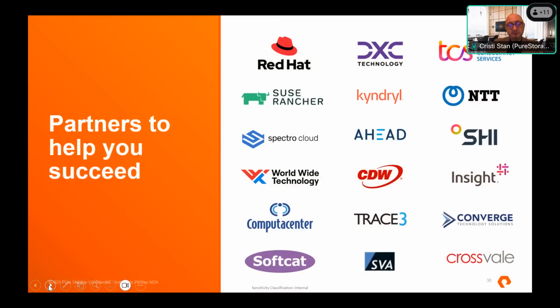Yes, from the partners perspective, we have a couple of very good collaborations worldwide, with a couple of huge solution providers, which also provide cloud solutions. Now it depends.